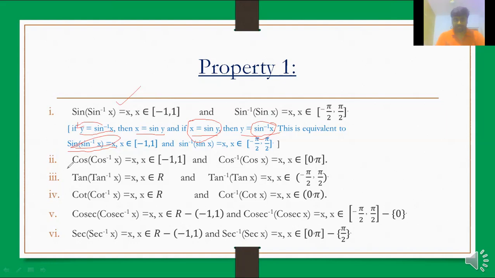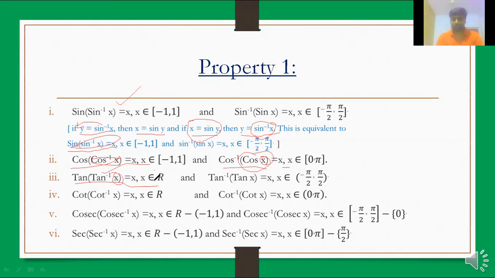Similarly, cos of cos inverse x is x, and cos inverse of cos x is x, but we have to check whether x belongs to the closed interval 0 to pi, which is the domain of the cos function and the range of the cos inverse function. Now similarly, tan of tan inverse x equals x whenever x belongs to R, the domain of tan inverse x.